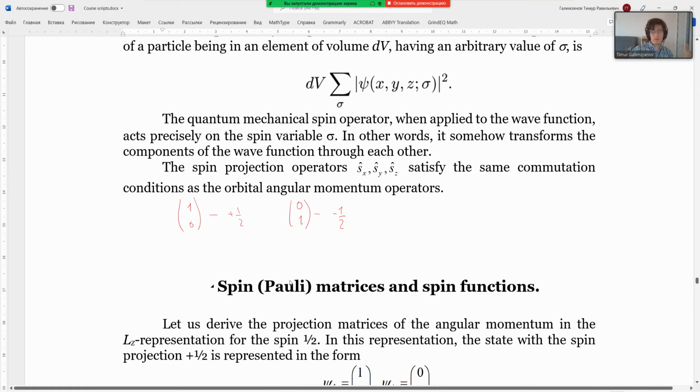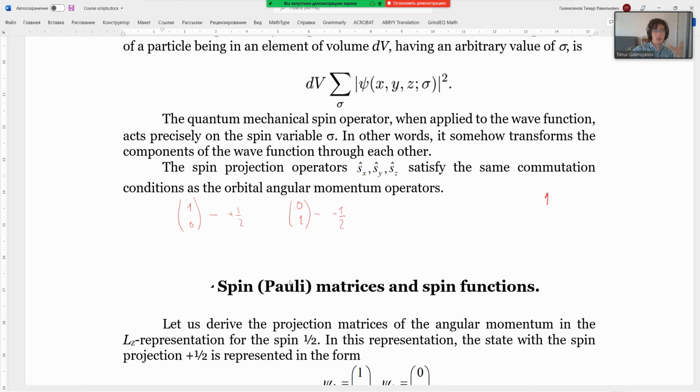You see that the difference between 1/2 and minus 1/2 is 1. So the angular momentum projection still changes only by an integer number.